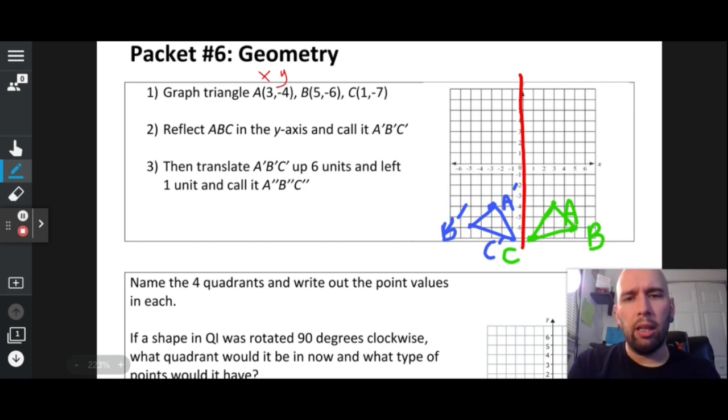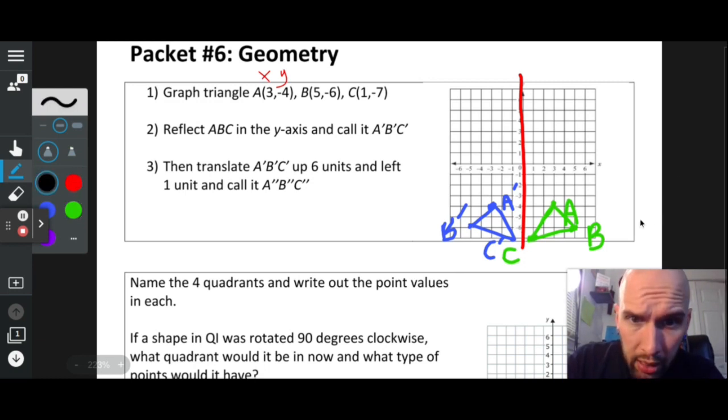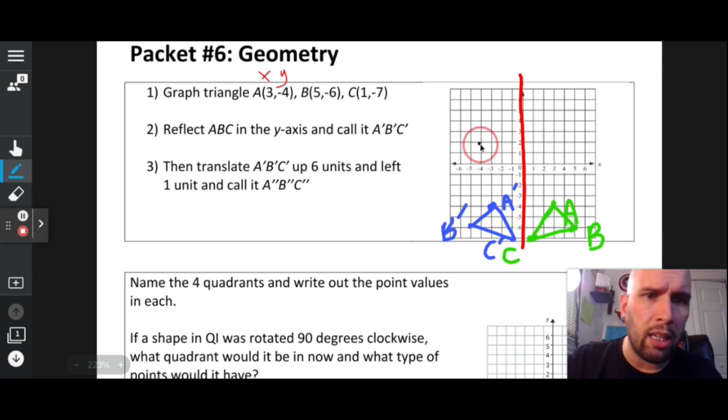Then translate A prime up 6 and left 1 and call it double prime. All right, I can do that. So I'm going to go up 6, left 1. Up 1, 2, 3, 4, 5, 6, left 1. That is A double prime.